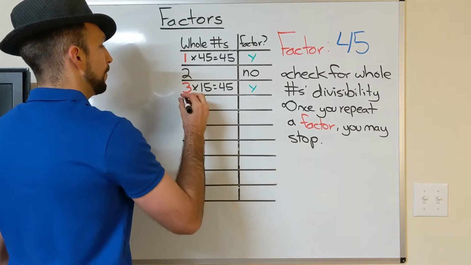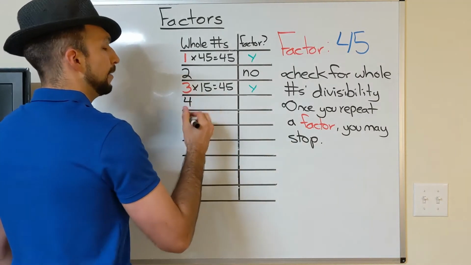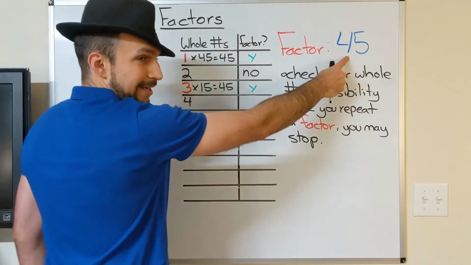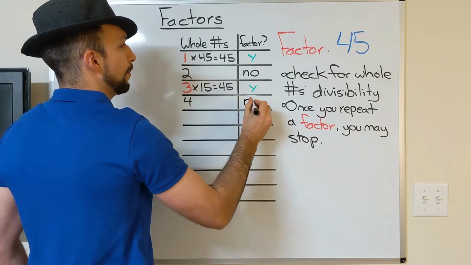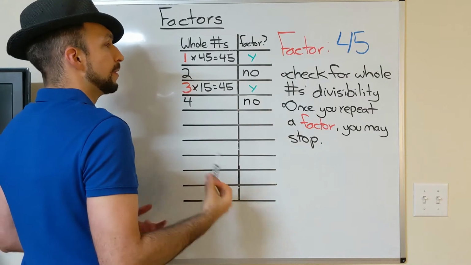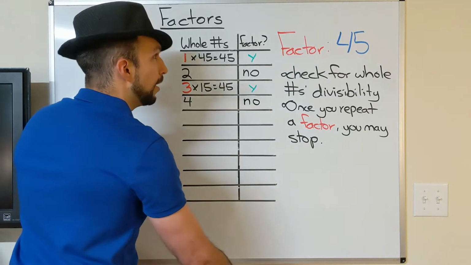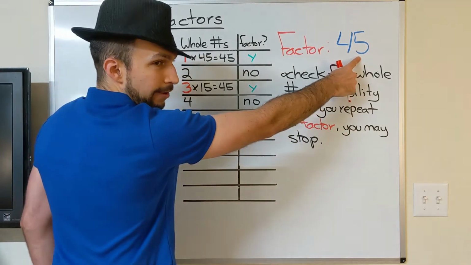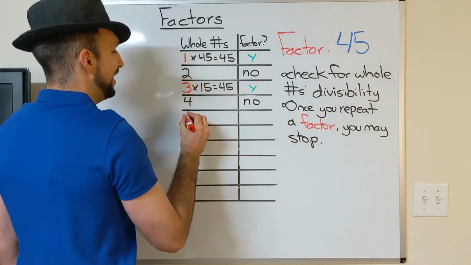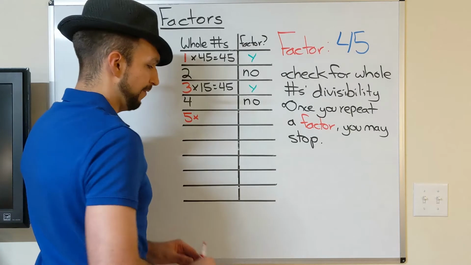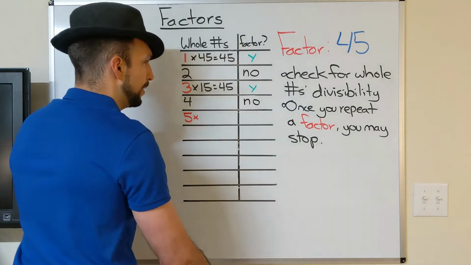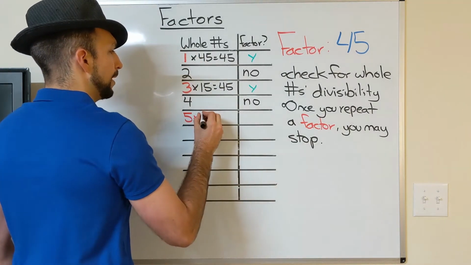Next, 4. Well, if 2 wasn't a factor, 4 is still an even number, so this is not going to be a factor. Next, 5. Well, this number does end in either a 5 or a 0, so we know that 5 is a factor. If you were to divide 45 by 5, you would get 9.